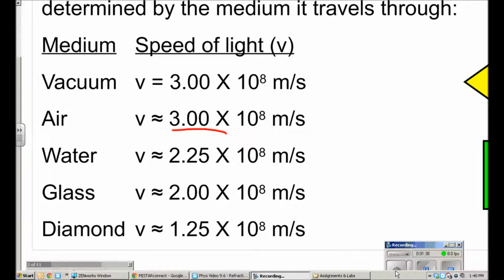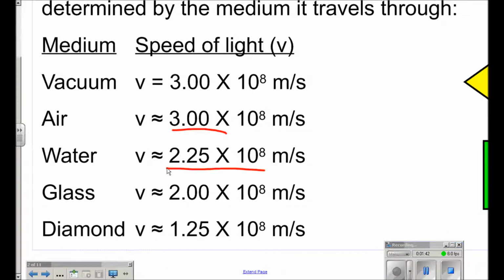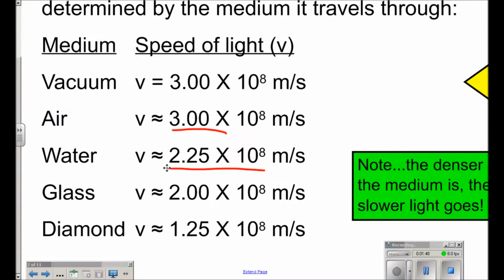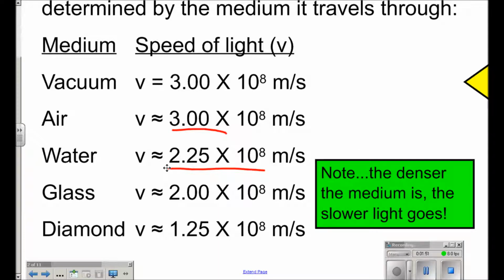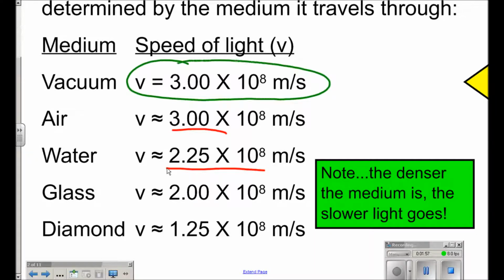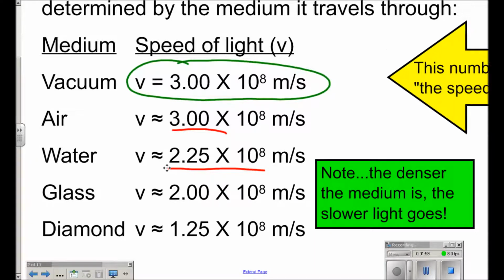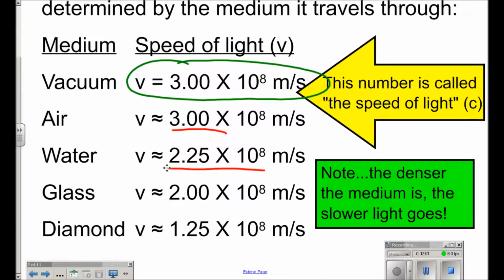All right, speed of light in water is this number, 2.25 × 10⁸. And what you should notice is the denser the medium is, the slower the light goes. Also worth noting, this number here has a special name. That number is called the speed of light and is abbreviated with the lowercase letter c.